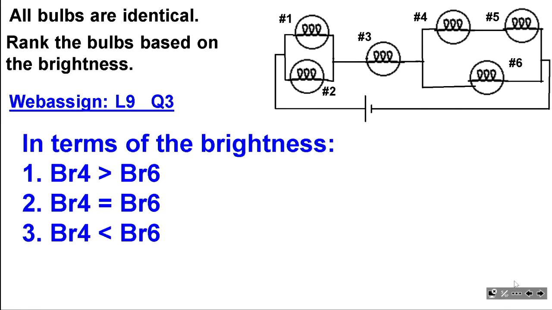But yet, if we look at the circuit and figure out what's happening to electric current or to the voltage, we should be able to say something about the brightness. Now, the brightness is an optical feature.